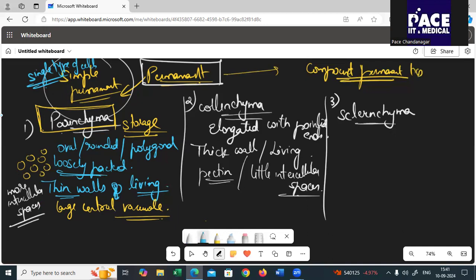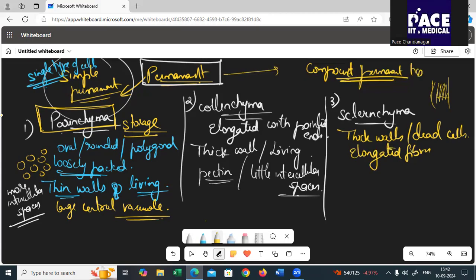Whereas in sclerenchyma, we can see these are thick walls and dead tissues. They are all made up of dead cells. The bark of the tree, as you can see, is made of sclerenchyma. And these are elongated fibers. Please try to remember those shapes: oval, round, and polygonal for parenchyma, elongated with pointed ends for collenchyma, and elongated fibers for sclerenchyma.